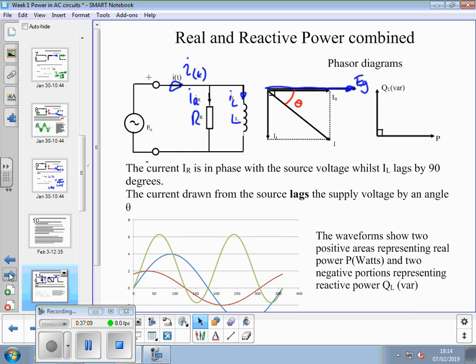Then we can talk about the resistive current. I'll do that in green. There's the resistance current, remember, in phase with the voltage. And then we've got our reactive current, 90 degrees downwards.